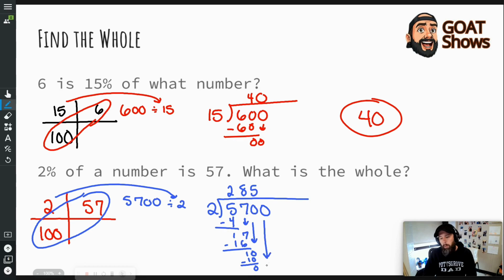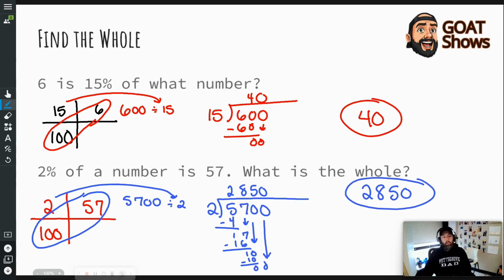Drop down the 0. And 2 goes into 0 0 times. So my final answer for this one is 2,850. Okay? So 57 versus 2,850 is much smaller. And that makes sense because it's just 2%.